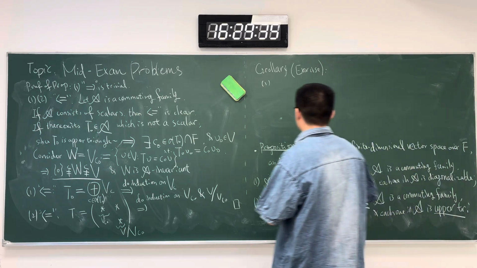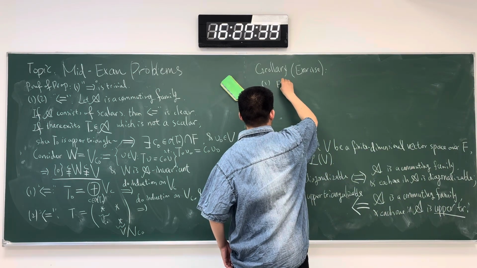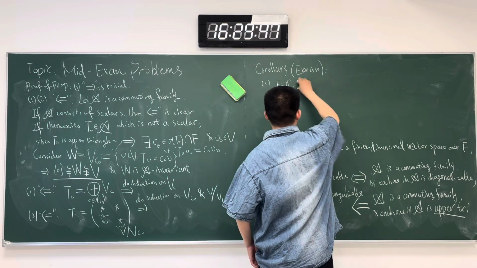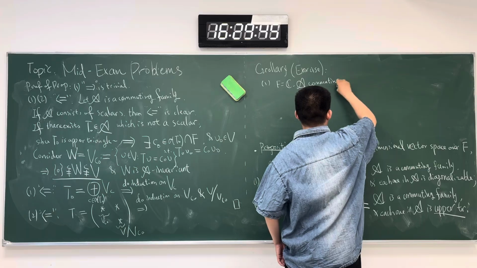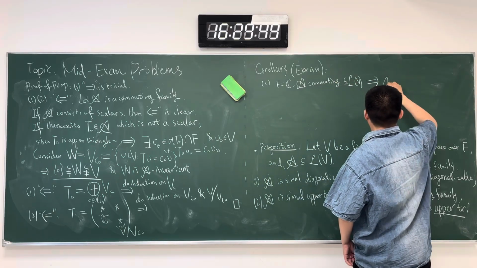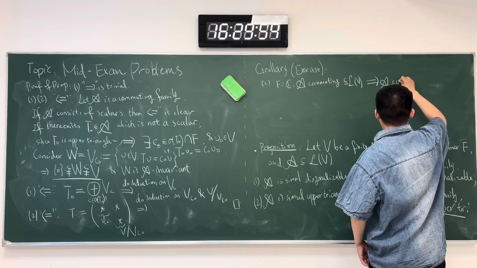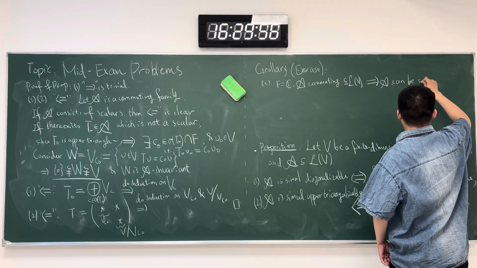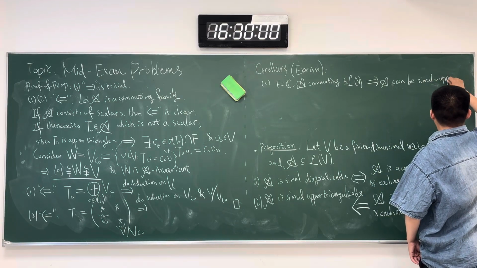So that means that if A is a commuting family, then this family A can be simultaneously upper triangularizable.